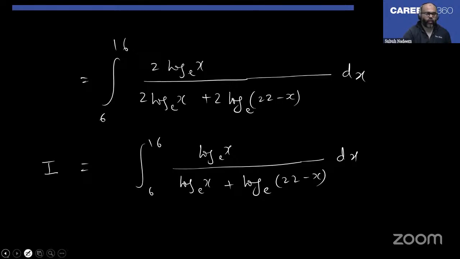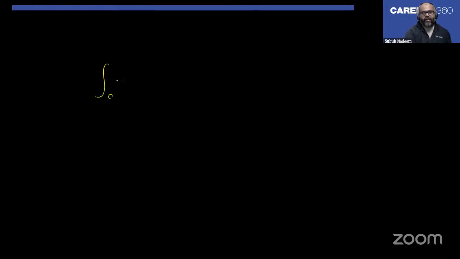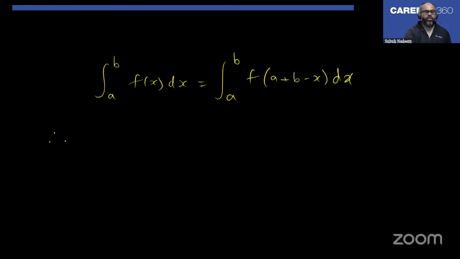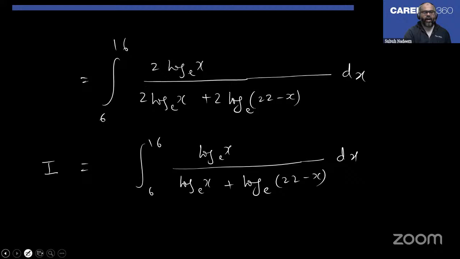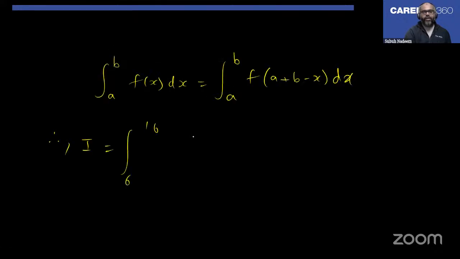Now we have a property in definite integral which says integral a to b f(x) dx is equal to integral a to b f(a plus b minus x) dx. So if you apply this here, I will become integral 6 to 16, and log x will be replaced by log of a plus b minus x.